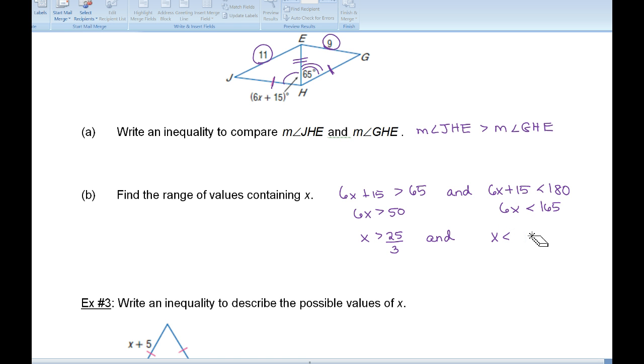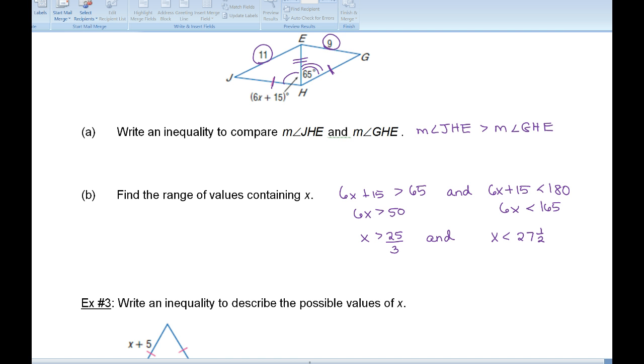165 over 6 is divisible by 3. It's 27 and a half. But she wanted it improper. Oh, it doesn't matter, mixed number or improper. 27 and a half, or 55 over 2. Wait, it can't be over 3.